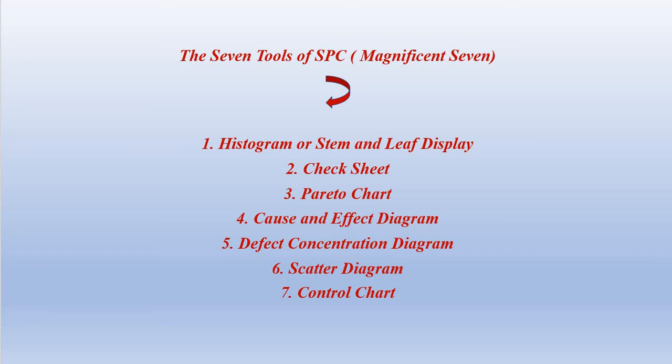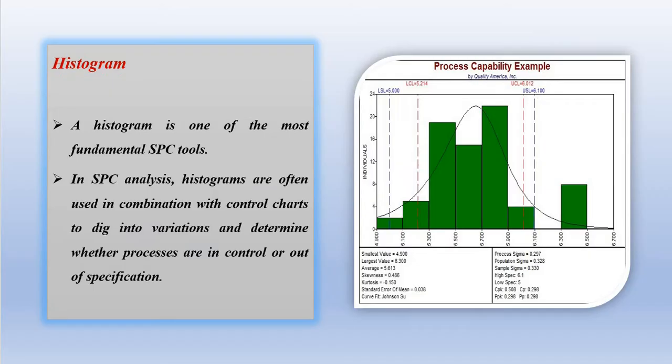Once this improvement is established, routine application of the Magnificent Seven becomes part of the usual manner of doing business, and the organization is well on its way to achieving its quality improvement objectives. Now, I am going to discuss these problem solving tools one by one.